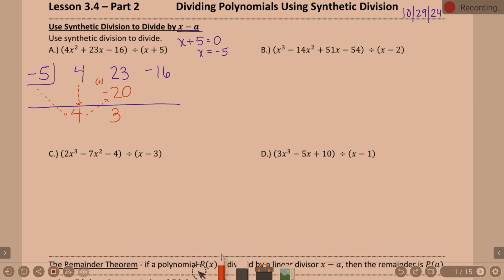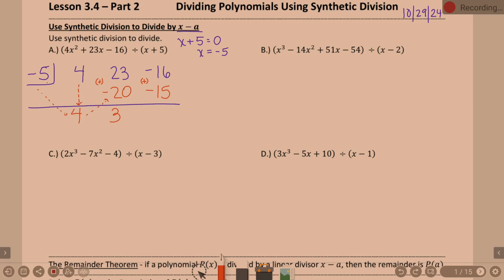And then we're going to repeat the process. So this time we're going to take negative 5, and we're going to multiply it by 3. What is negative 5 times 3? Negative 15, and we're going to bounce it up underneath the negative 16. And again, we're going to add.